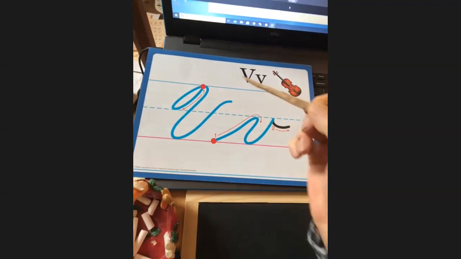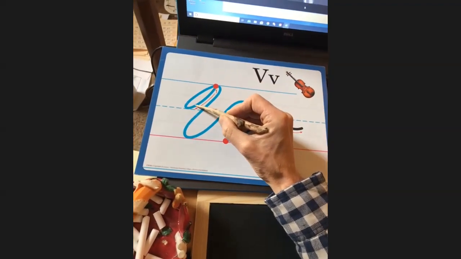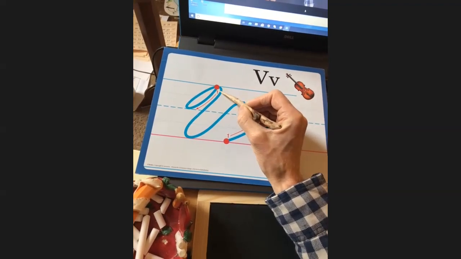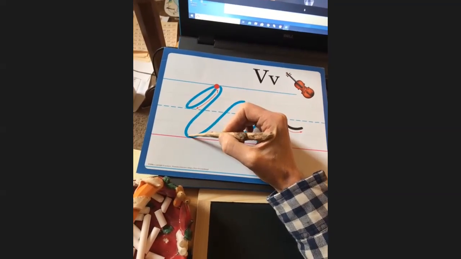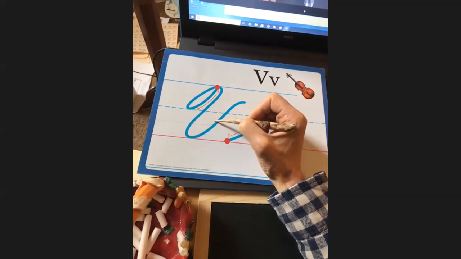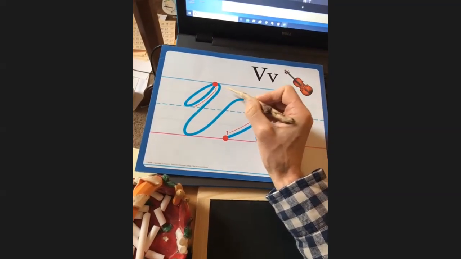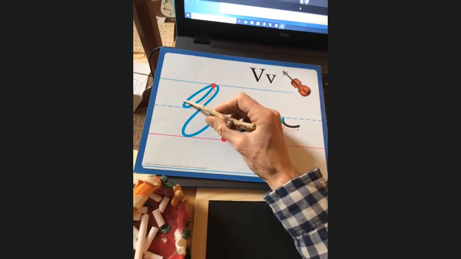If you ever want to go back in your book and look at the letters, tracing is so important to good writing. The master artists that learned how to draw started out tracing. Tracing is not cheating. Tracing is you've done it enough so that it's in.